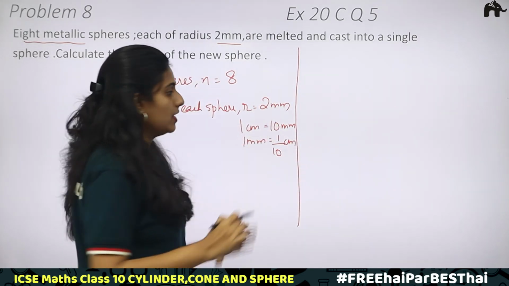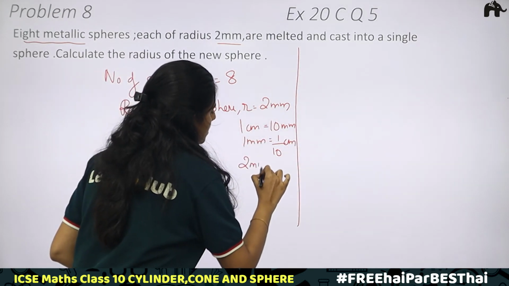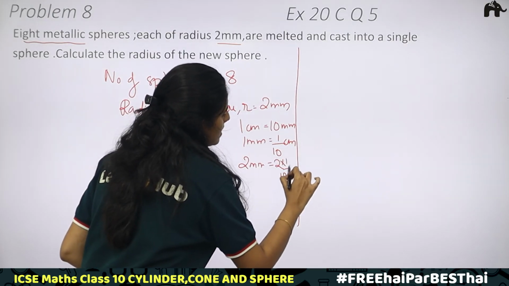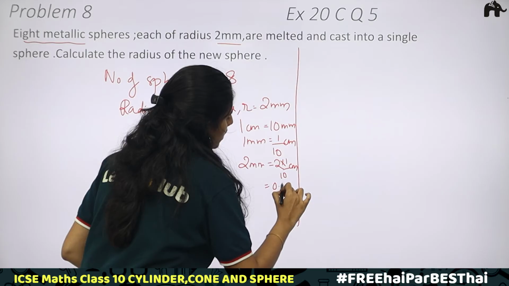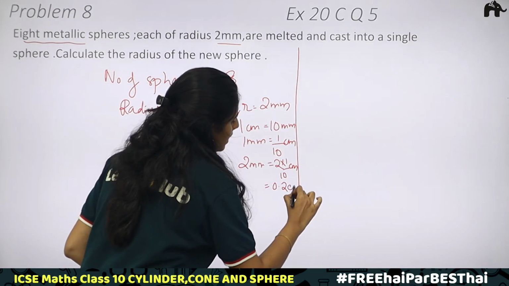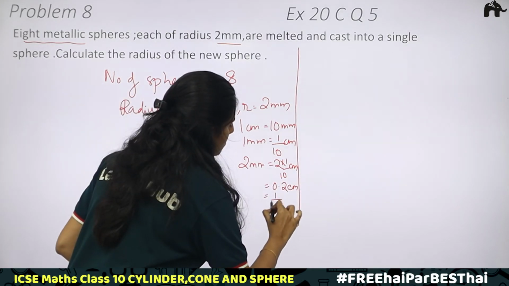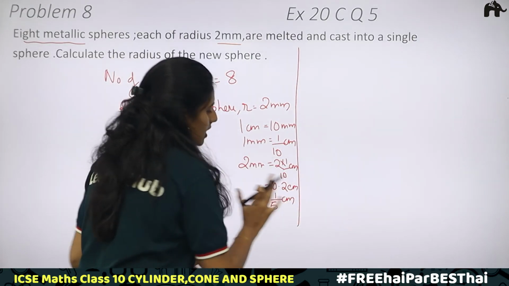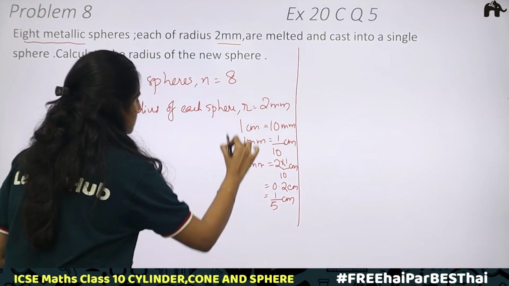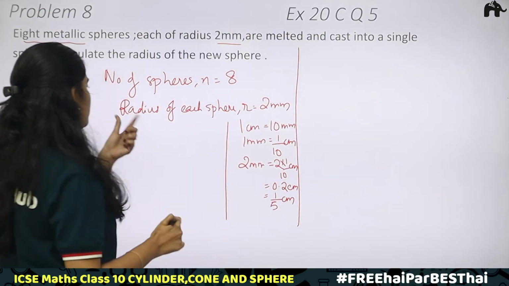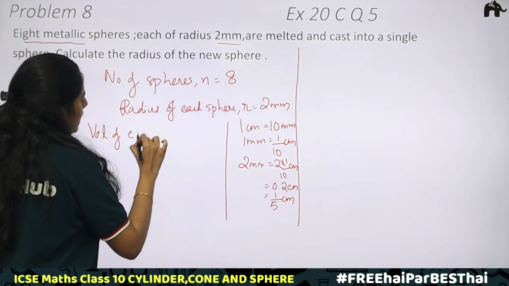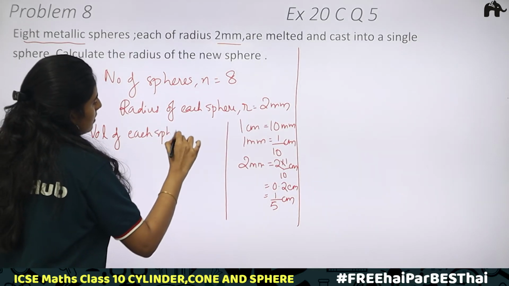Here we have 2 millimeter. 2 millimeter will be equal to 2 into 1 by 10 centimeter, which is 0.2 centimeter or 1 by 5 centimeter. Okay, we can keep it in fraction form. Now, we can find the volume of each sphere.